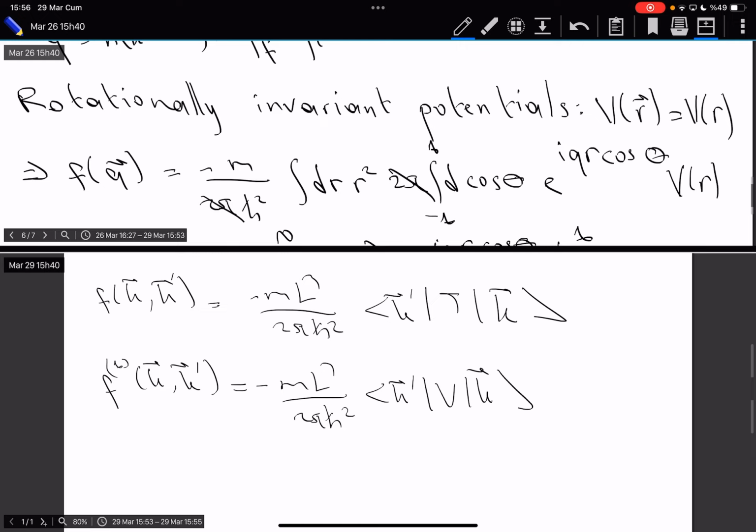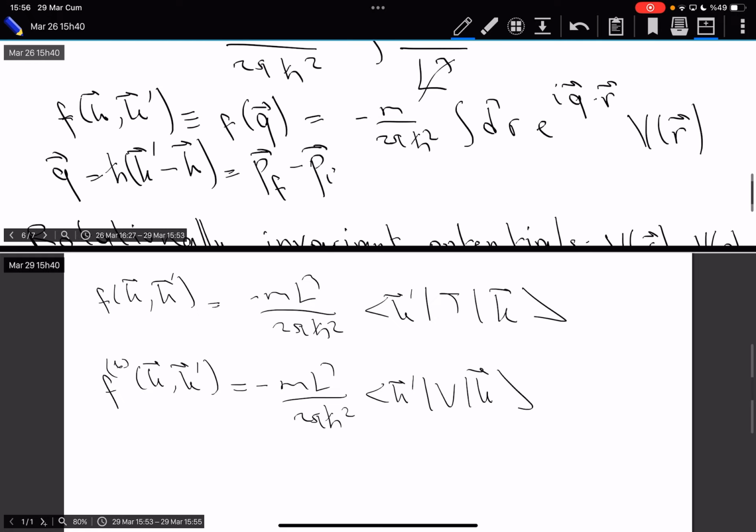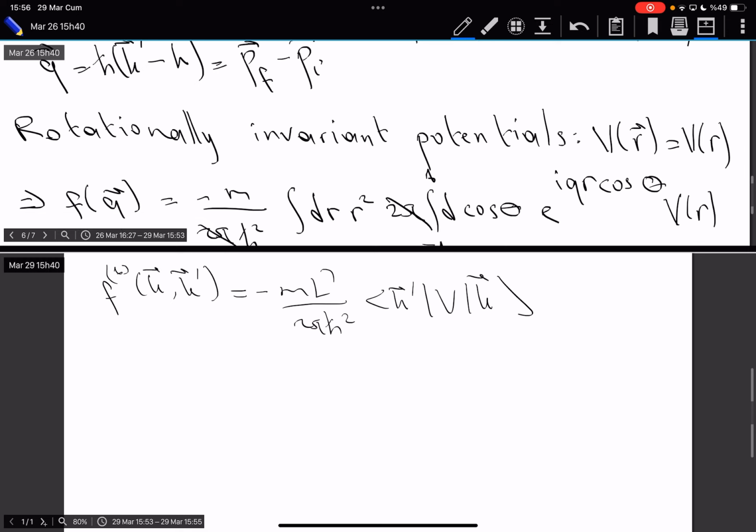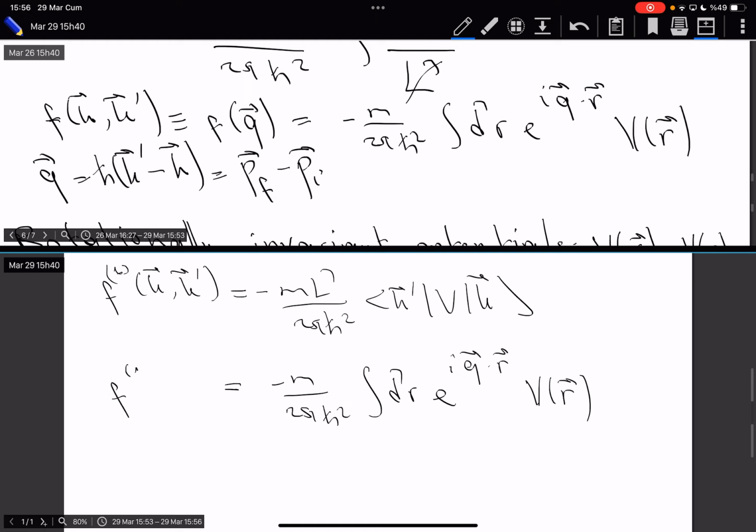Well, if the potential has the rotational symmetry, then we can just carry out this. This is just minus m over 2 pi h bar squared. This is the first Born approximation.